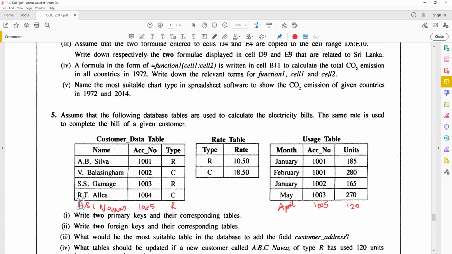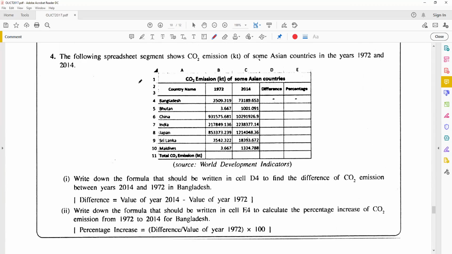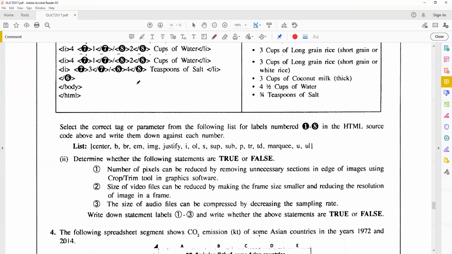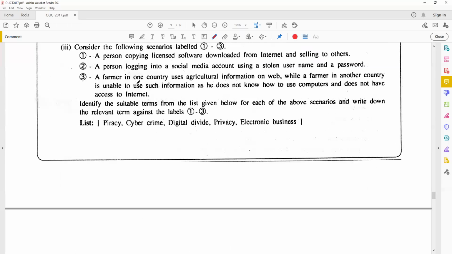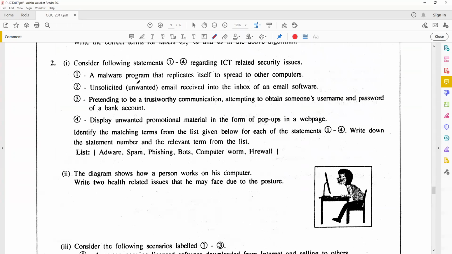Okay. Then let's move on to question number 2. Consider the following statements 1 to 4 regarding ICT related security issues. A malware program that replicates itself to spread to other computers.